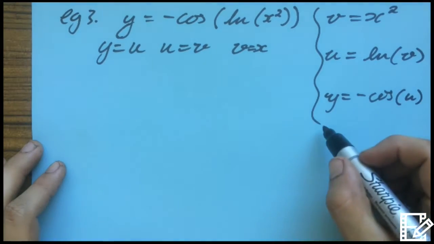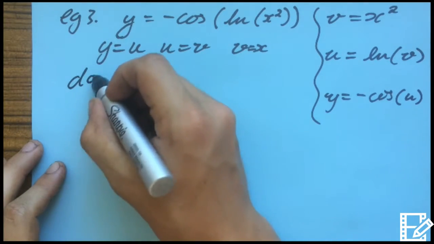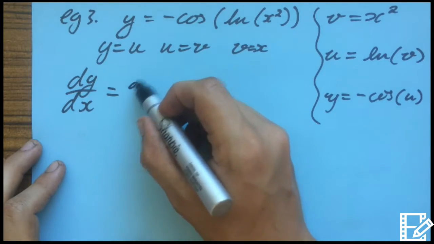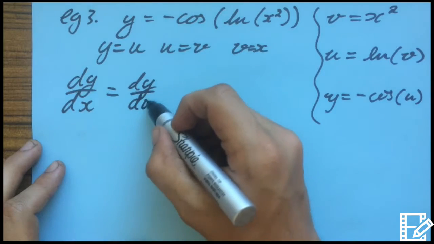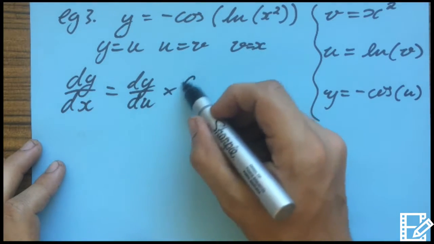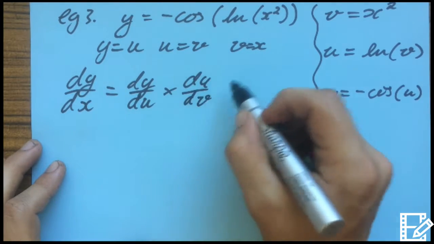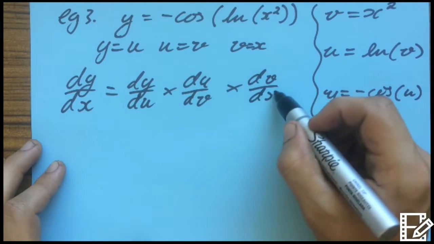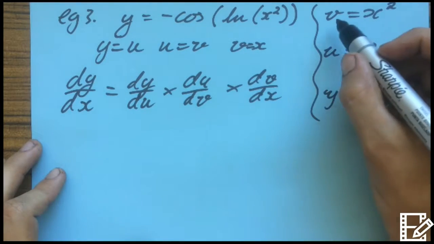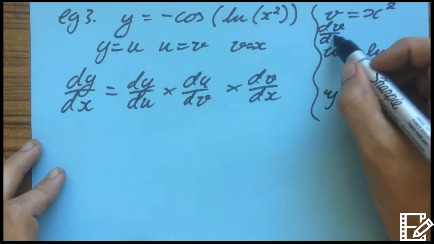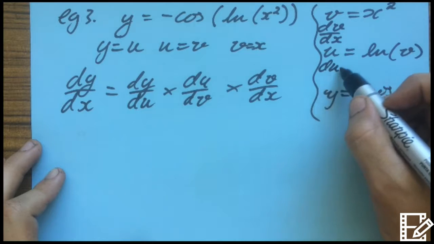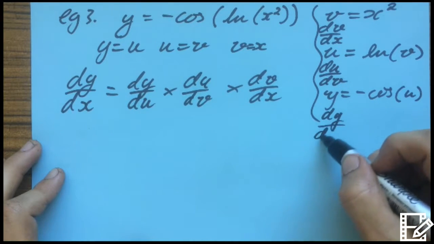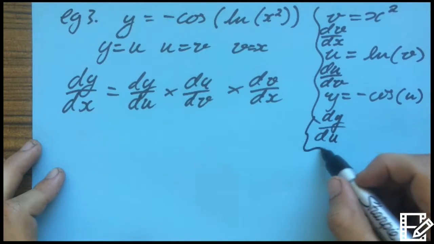So if we were to write out the derivative for the chain rule, it would be the derivative of y with respect to u multiplied by the derivative of u with respect to v multiplied by the derivative of v with respect to x. So we need to find the derivative of v with respect to x, the derivative of u with respect to v, and the derivative of y with respect to u.